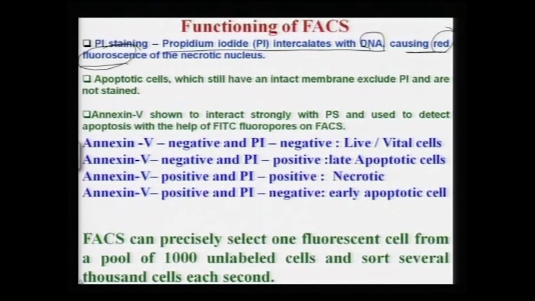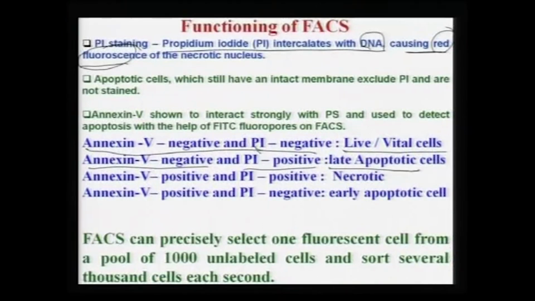First one I have written, annexin 5 is negative, PI is negative, cells are live cells, vital cells. Now, annexin 5 is negative and PI is positive. PI is positive means cells are going towards a necrosis stage, but not yet all the cells are necrotic.